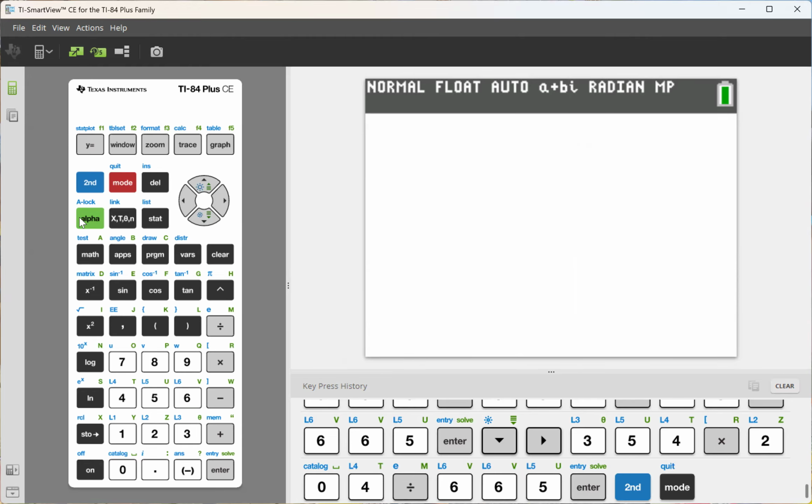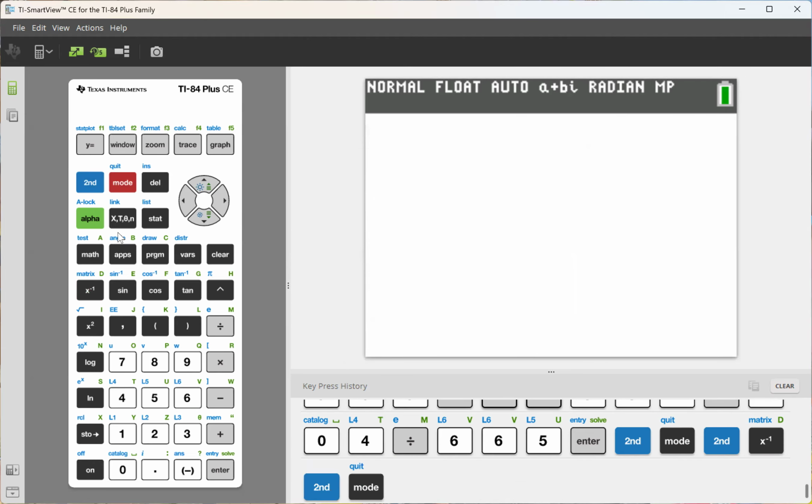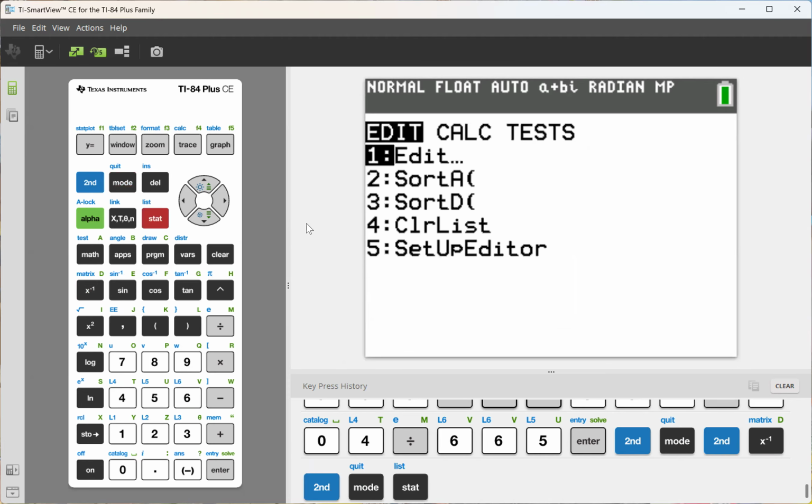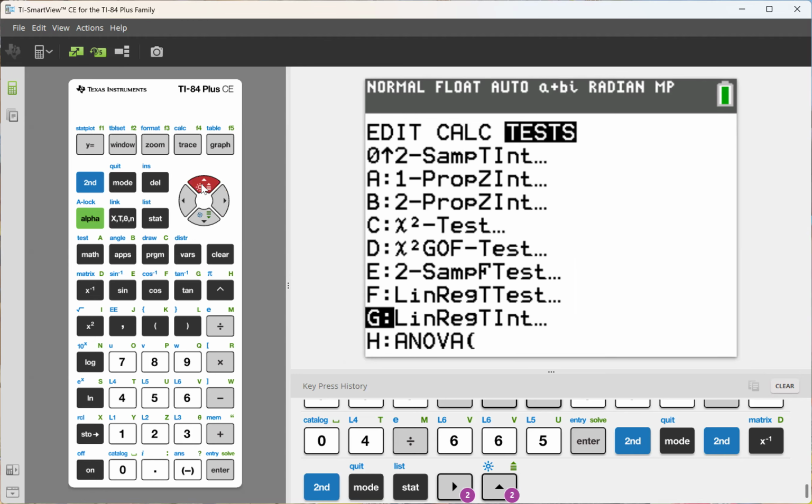So let's go back and look here in my matrix menu. I put the observed values in C, and I put what I would expect to see in D. So that's what I'm going to use when I run the test. I'm going to get out of here, quit, go into my statistics menu, go find the chi-squared test.